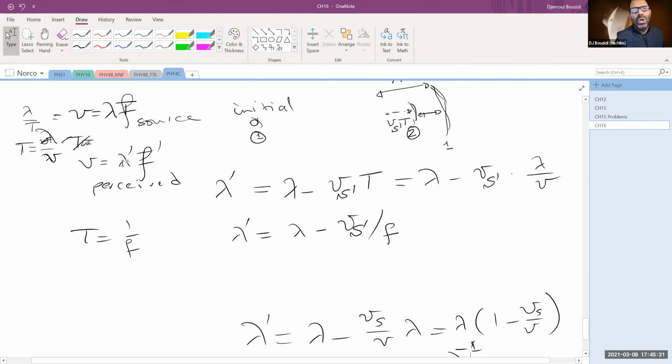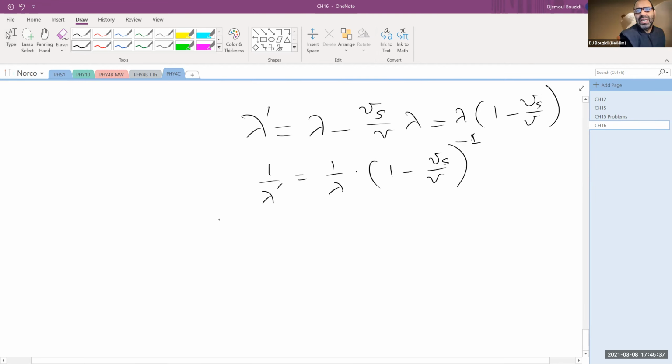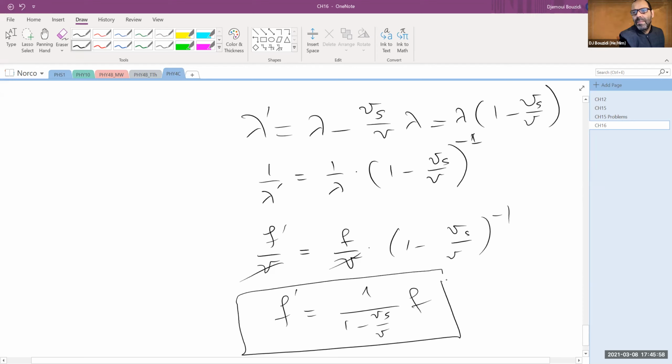So 1 over lambda prime is going to be f prime over v. So f prime over v is equal to f over v for the same reason, times 1 minus Vs over v to the minus 1. Cancel the v from both sides. F prime is equal to 1 over 1 minus Vs over v times f.